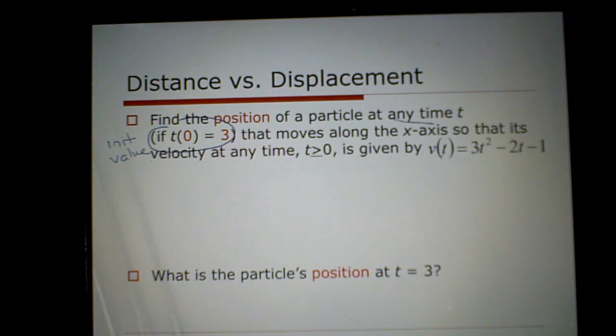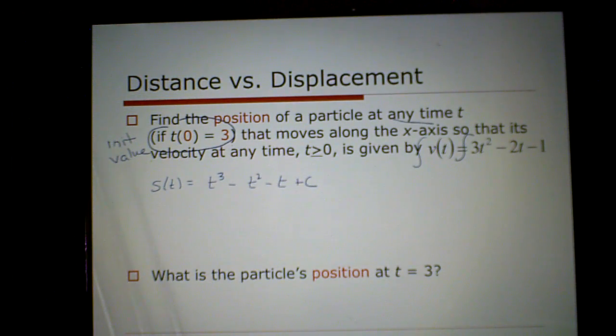If I'm given velocity, so, anti-differentiate both sides, and I can go from velocity to position. Power up, over 3, 3's cancel out, isn't that convenient? Minus t squared, power up, so that would be over 2, the 2's cancel out, isn't that convenient? Minus t plus c.